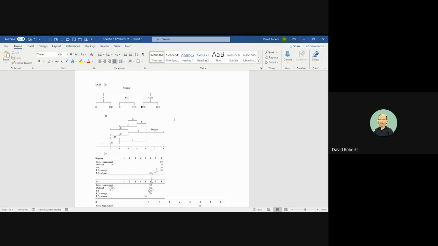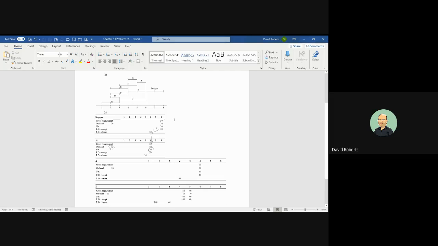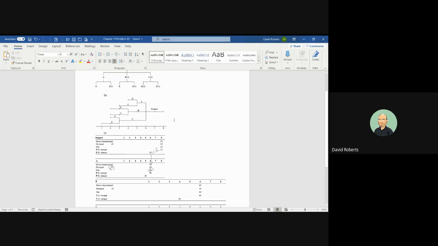It'll do that calculation for you. B requires one E, but three Fs. C requires two Ds, but three Es. So it'll do the calculation for you in this particular case. And it would have taken the 30 here, multiplied it by 3, and that is where the 90 E comes from.